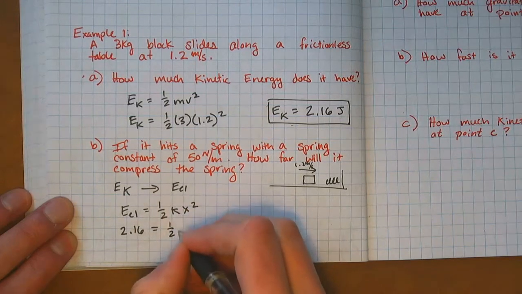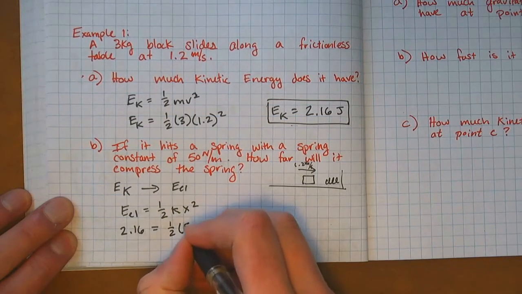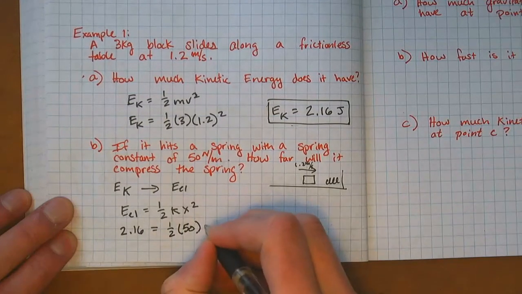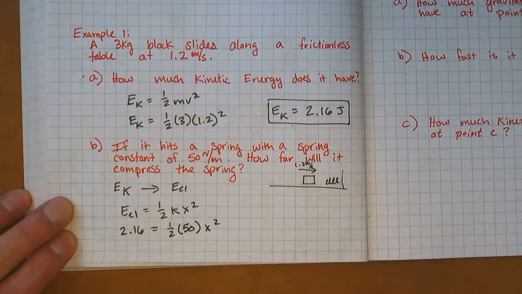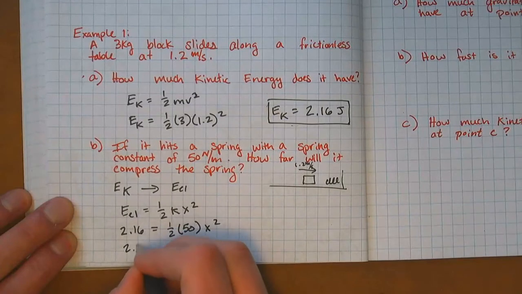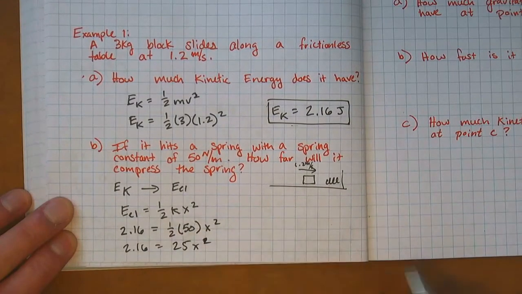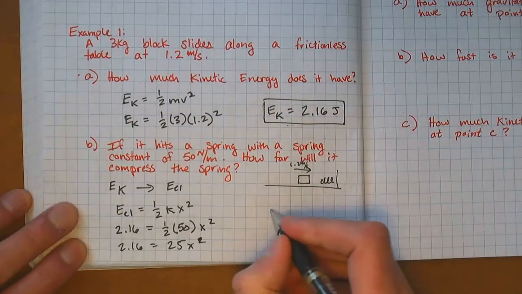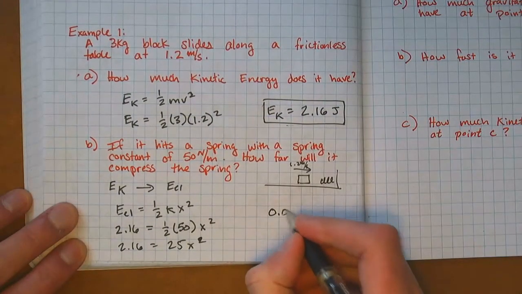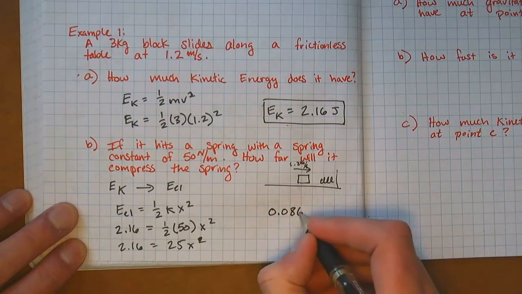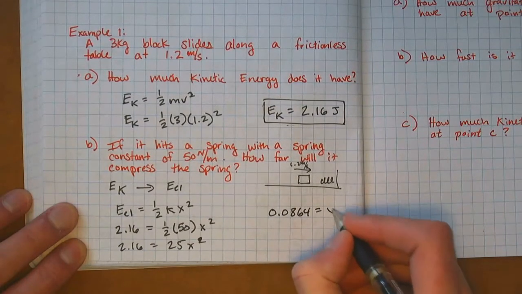We know that k is equal to 50, and we are looking for x. So 2.16 is equal to 25x squared. Divide by 25, so 2.16 divided by 25. That's going to give us 0.0864 is equal to x squared.